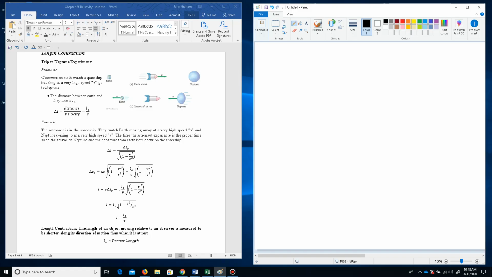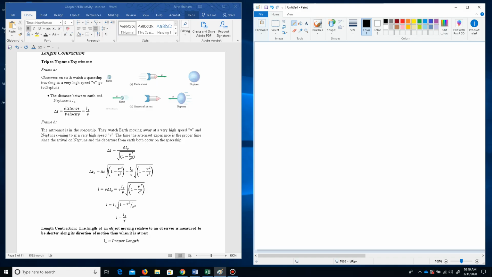So now if we solve this for the proper time, you have the proper time equals the change in time times square root of 1 minus v squared over c squared. From frame A we have that time is that distance from Earth to Neptune over the velocity. So we have L0 over V times square root of 1 minus v squared over c squared.